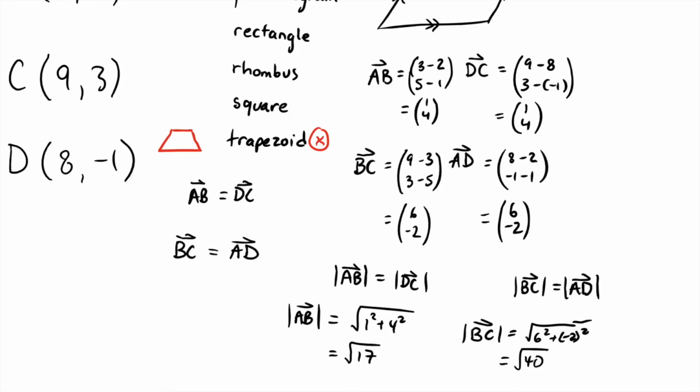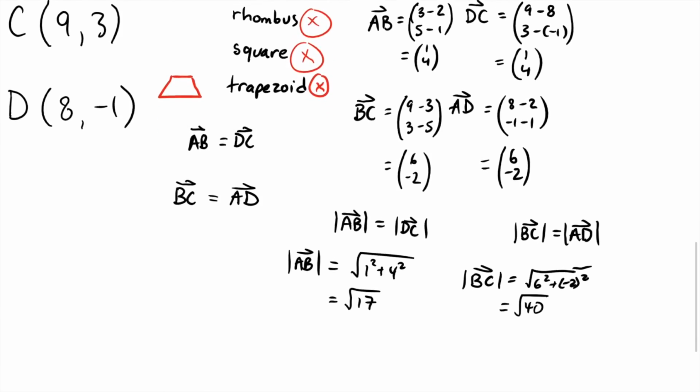So I can tell at this point, because the lengths don't match up, I've definitely ruled out a square and a rhombus. Now, in order to verify whether it's a parallelogram or a rectangle, I would need to know if these vectors are meeting at right angles. And so here's the trick to identifying whether they meet at right angles.